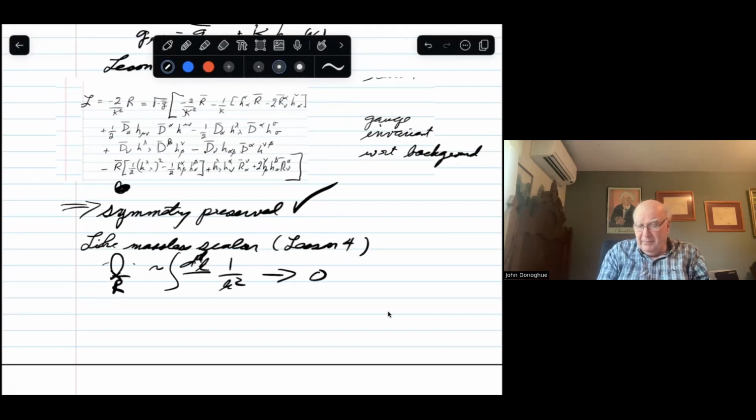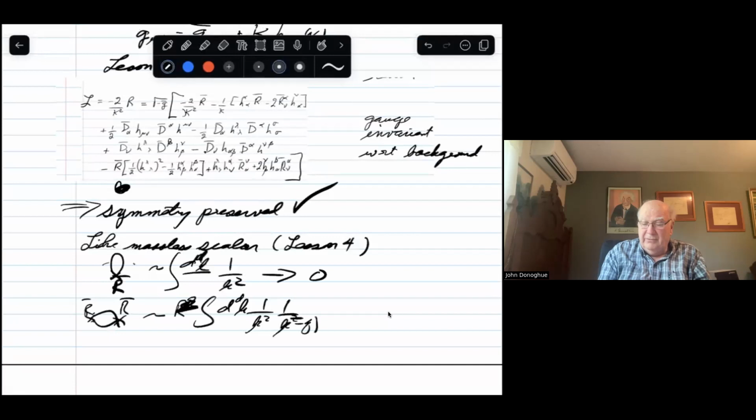There is, however, if you then used it at second order, you could have an R bar, a bubble diagram, R bar. So second order would be of order R squared. Well, it involves the integral d^dk of 1 over k squared times 1 over (k minus q) squared, which ends up producing R times 1 over epsilon minus log box, R terms, where box is the equivalent of log q squared.